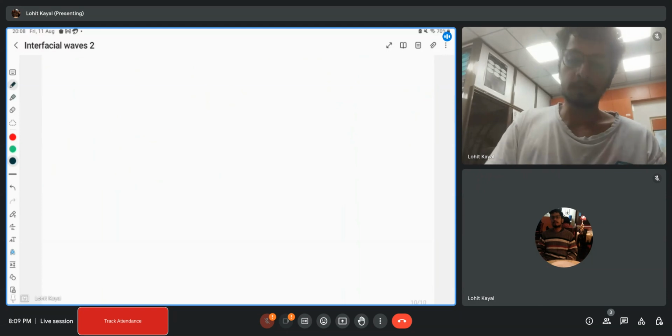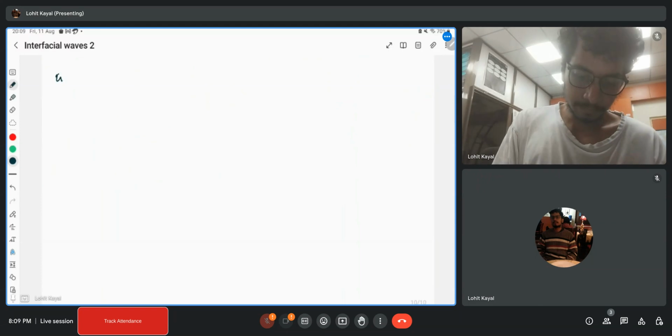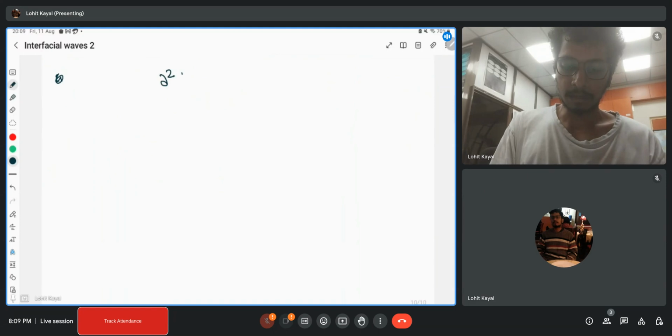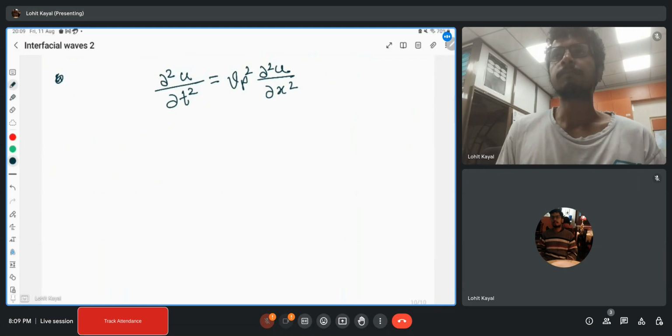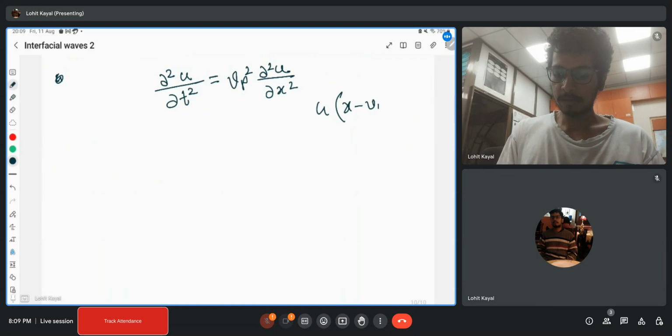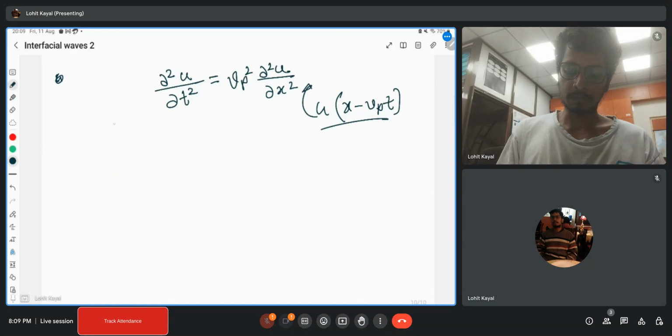Suppose you have an equation like this: del square u by del t square equal to vp square del square u by del x square. Now we know that any solution of the kind x minus vp t will be a solution of this. But suppose you are given some options. Then what is the most general solution of an equation of this kind?